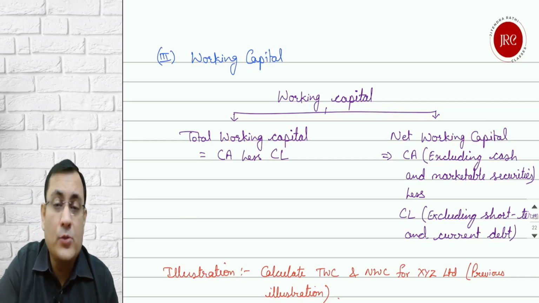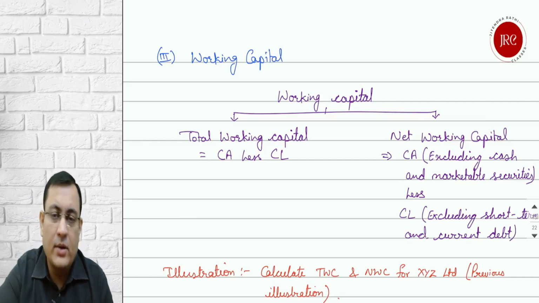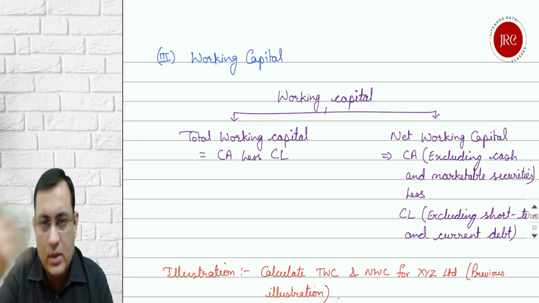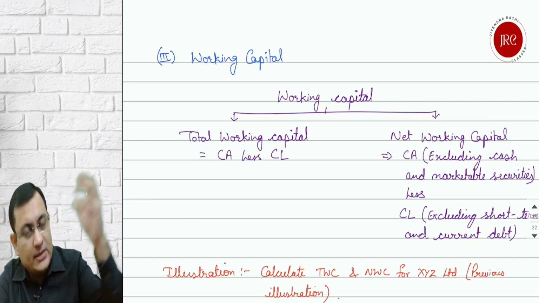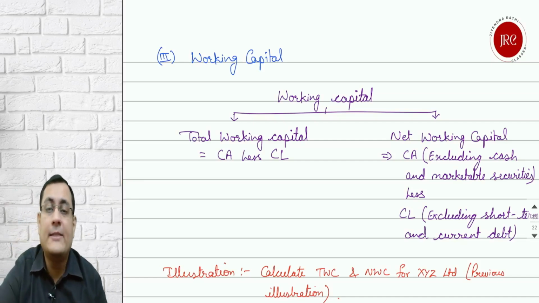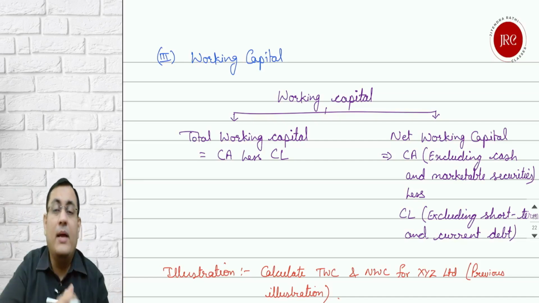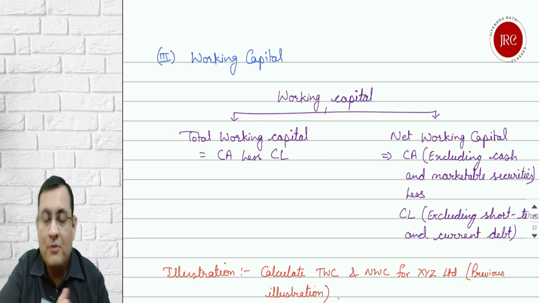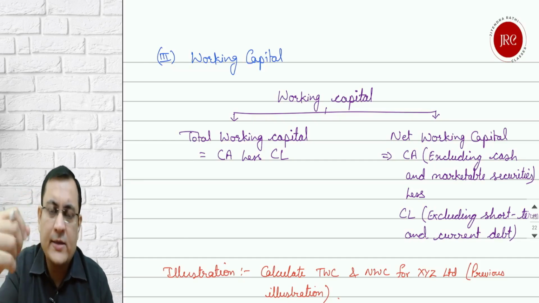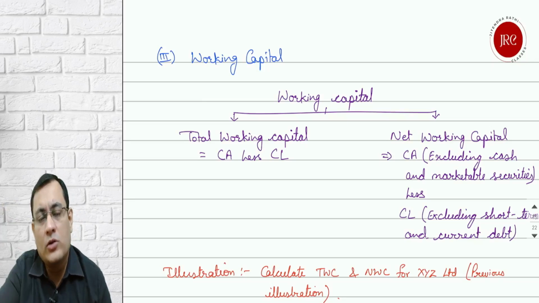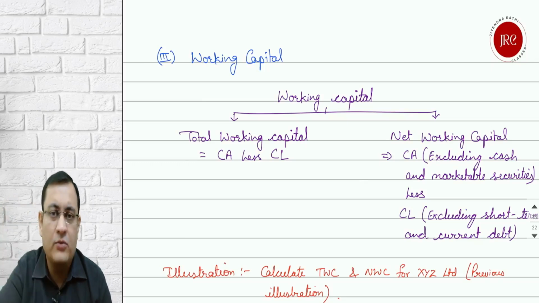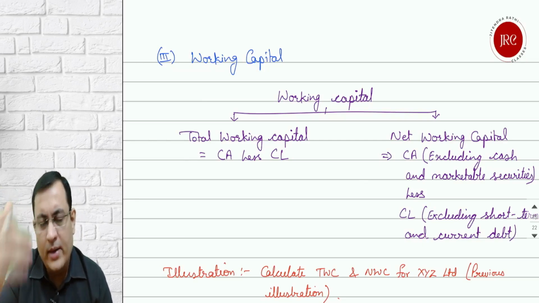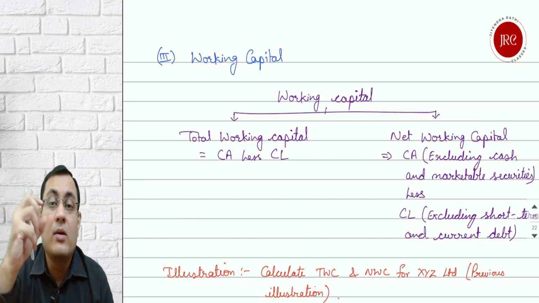Generally, people say investment in current assets represents our working capital, your stock, debtors, receivables. No, working capital is the amount which got invested. It is represented by these assets. When we have current assets of 1000 crores and current liabilities of, let's say, 300 crores, then 1000 crore minus 300 crore, the 700 crore, is the working capital.